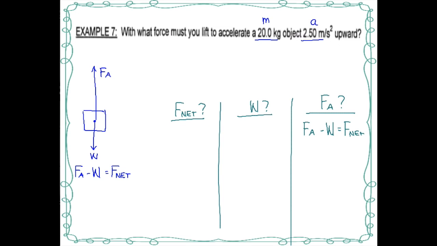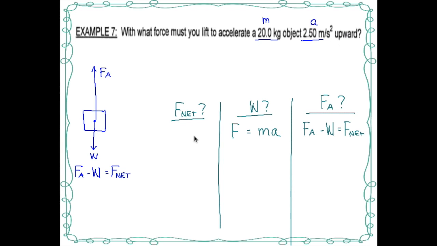How do I find weight? I know mass, weight, 9.8. F equals ma. I'm looking for weight, that'll be the force. I know the mass, and I know when I use weight, the pull of gravity, I use 9.8, acceleration due to gravity. So that'll be good.